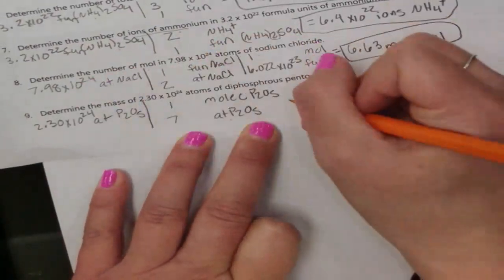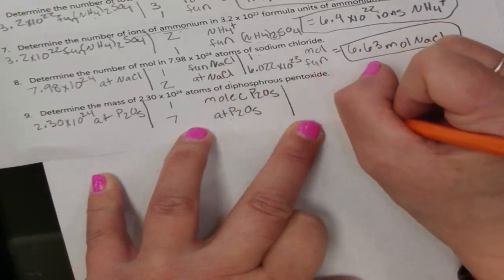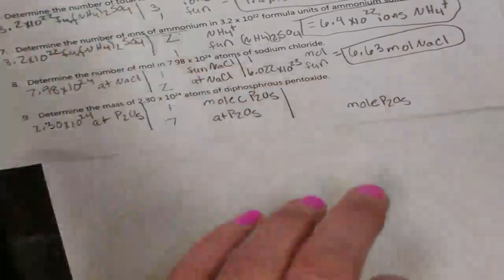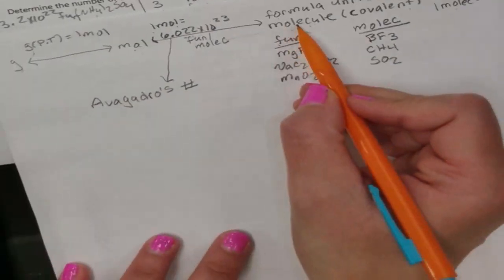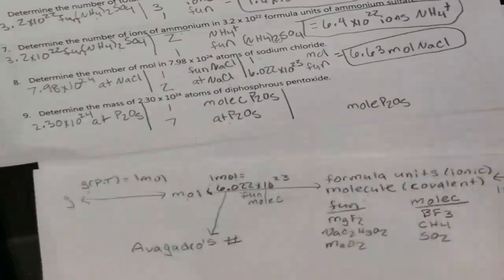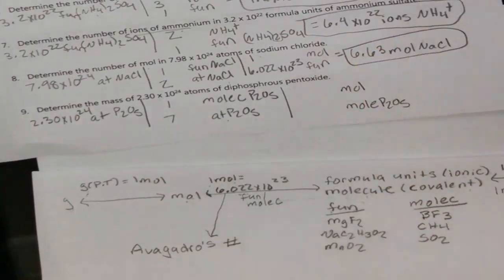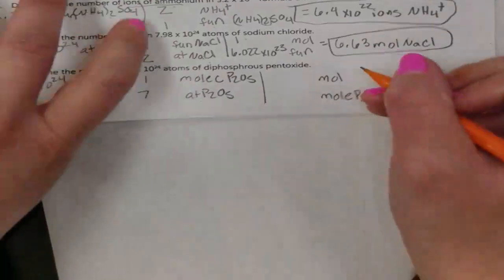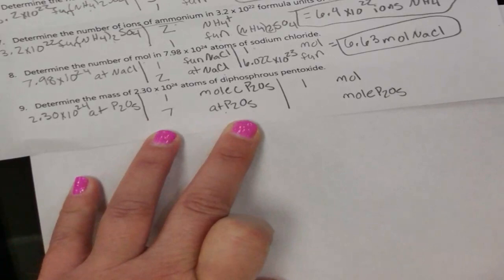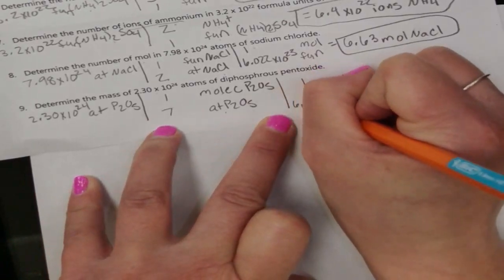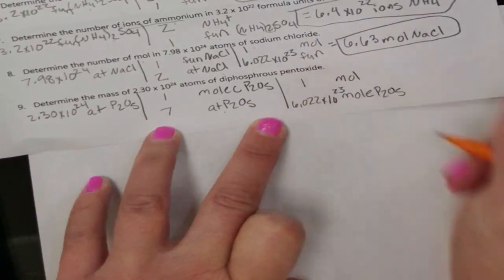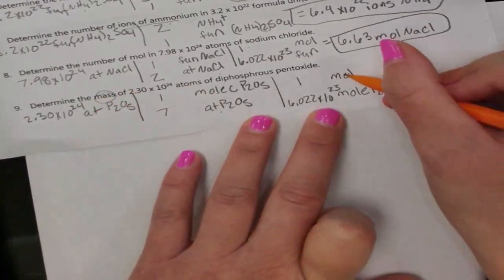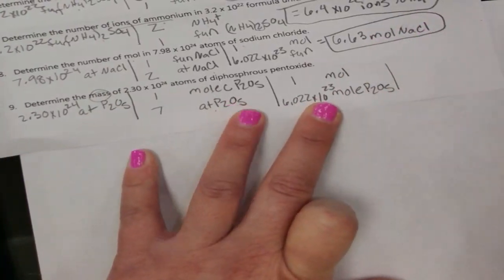Now, I want the mass. I am at the molecule, so I have to put the molecule on the bottom. And from the molecule, my flow chart tells me I have to go to the mole, where 1 mole is Avogadro's number, 6.022 times 10 to the 23rd. Again, I am looking for mass. I am at the mole, so I have to do one more step.